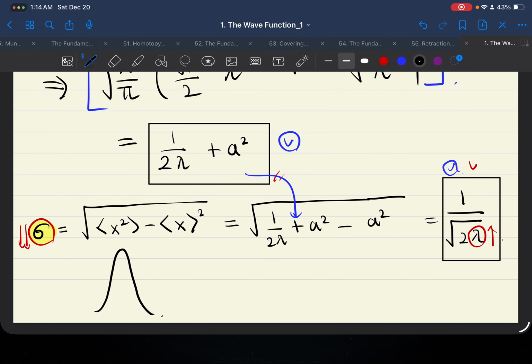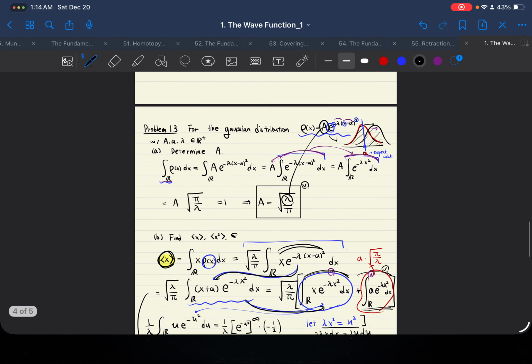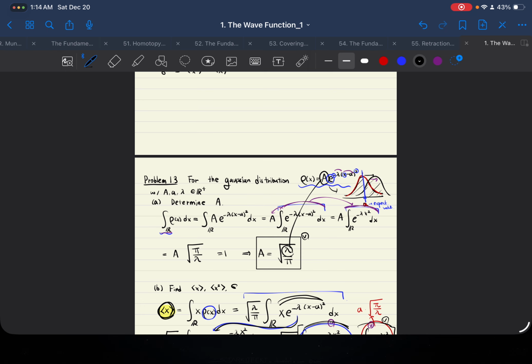If you see this, when lambda is getting bigger, sigma is getting smaller. Sigma means the deviation, and when the deviation is getting smaller, the difference between the values is smaller, meaning the graph of the Gaussian is getting narrower.